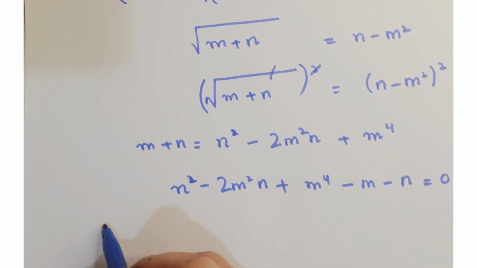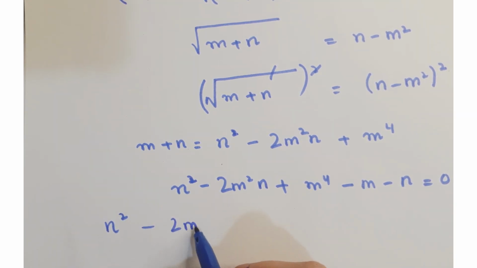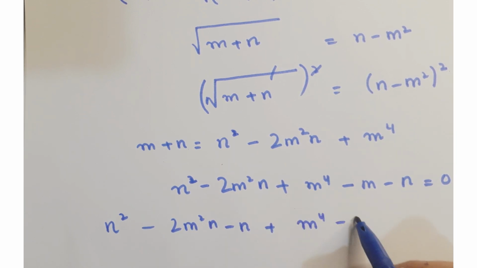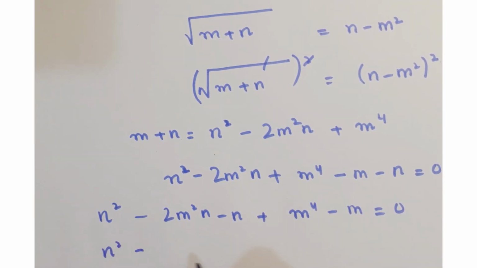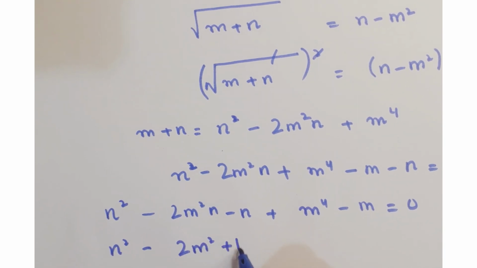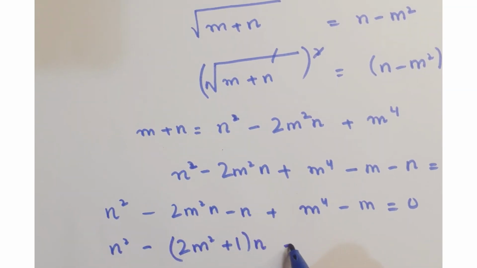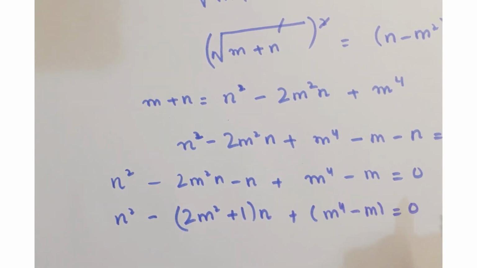Now arranging the equation in such a way that it becomes a quadratic equation of n. So we have n square minus 2m square n minus n plus m to the power 4 minus m is equals to 0. Taking n common, this is n square minus (2m square plus 1) n plus m to the power 4 minus m is equals to 0.